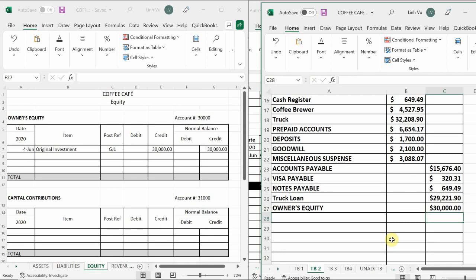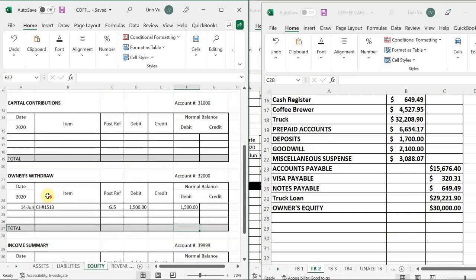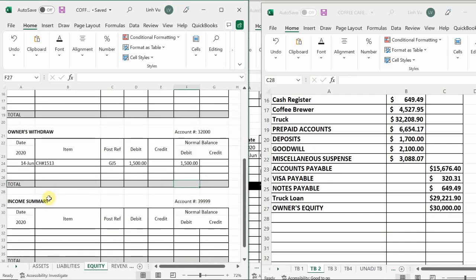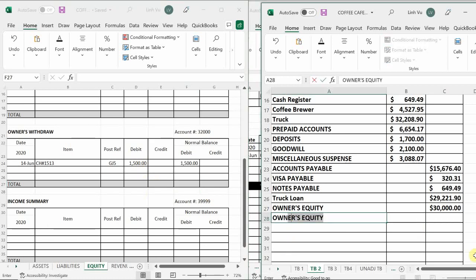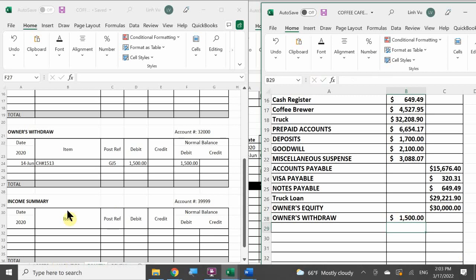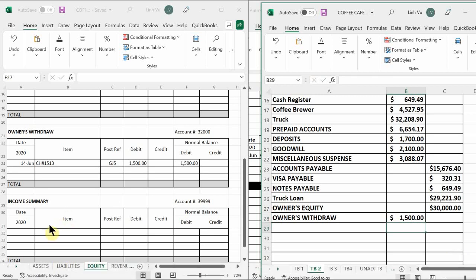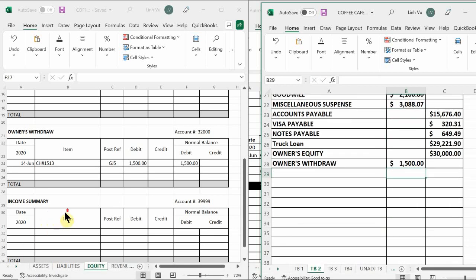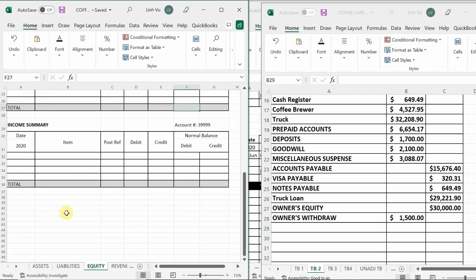However, the last transaction we incurred was an owner's withdrawal, which debited my account for $1,500. We haven't closed out our accounts yet, so no income summary. So we are done with equity.